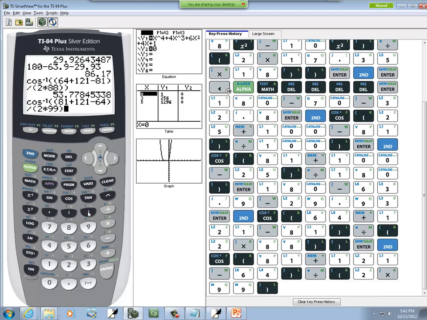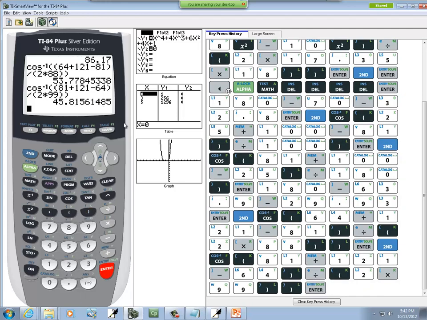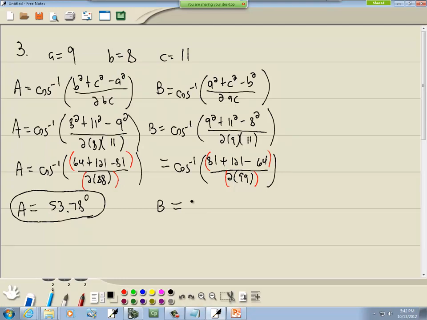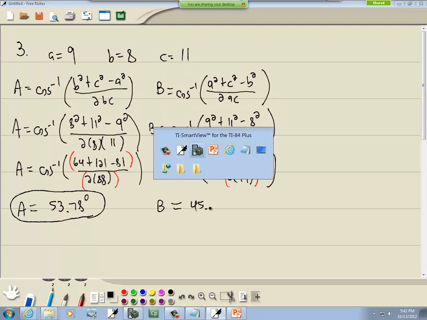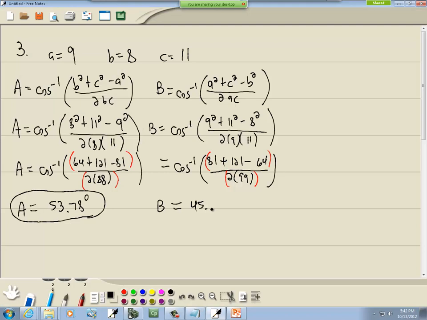Closing parentheses on the bottom, closing parentheses on inverse cosine, and enter. And we get 45.82, rounding to 2 decimal places.